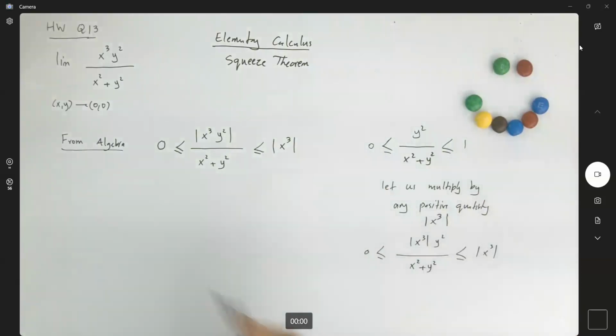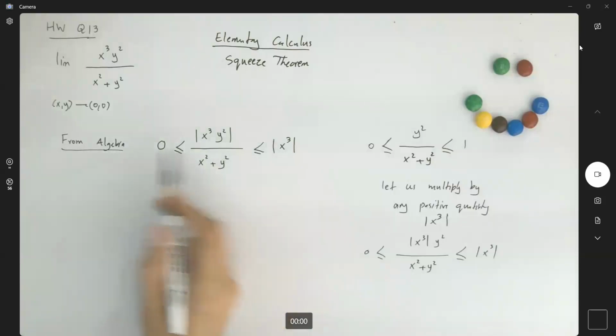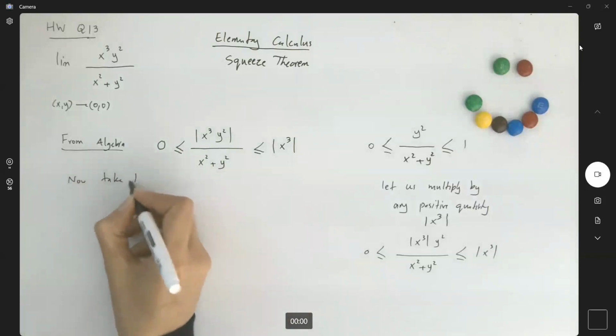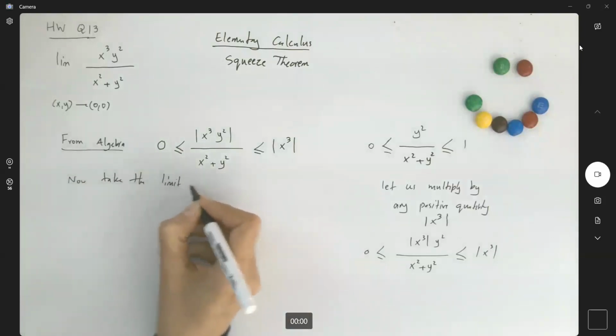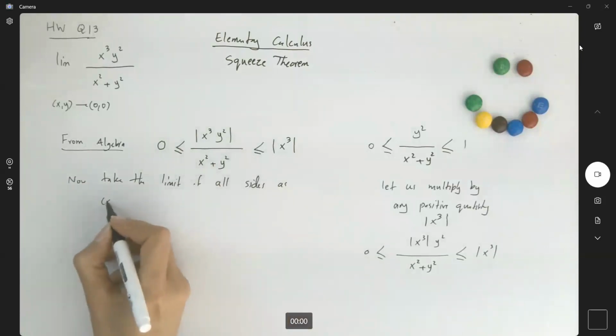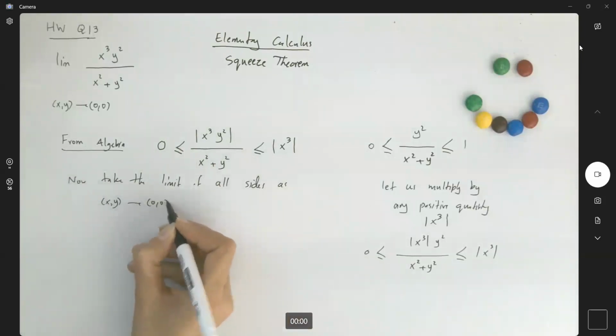Well, okay, now we can take the limit of all sides as x and y approach 0 and 0.